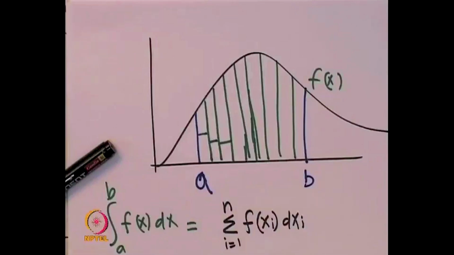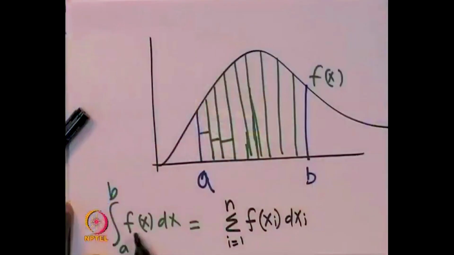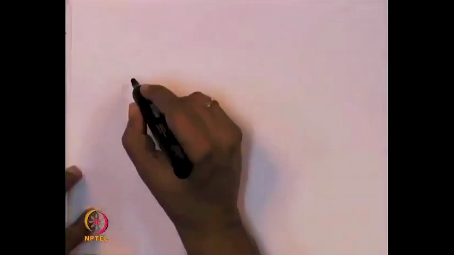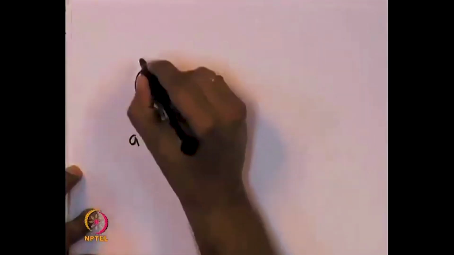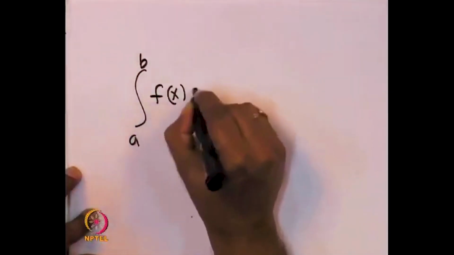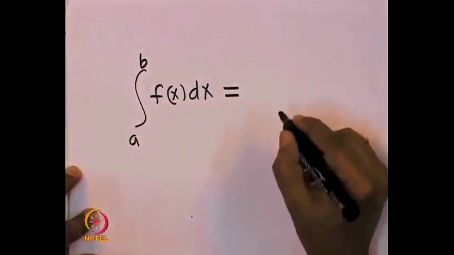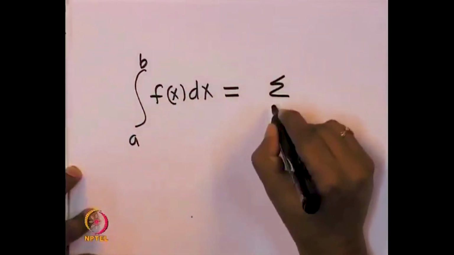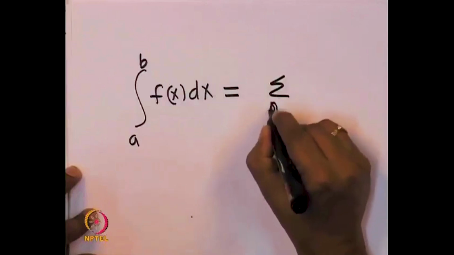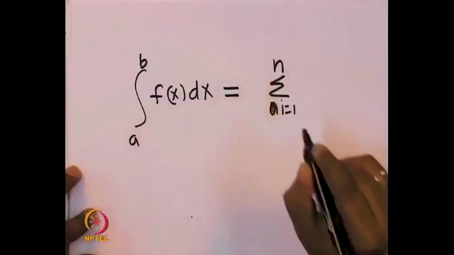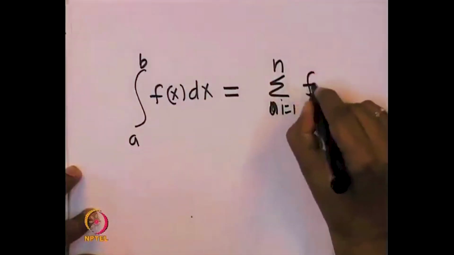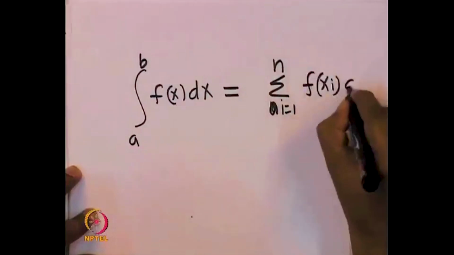So the correct statement to make is that as the number n goes to infinity, the sum will be equal to this integral. So what we wrote, the integral from a to b of f of x dx, will be equal to the sum over i equal to 1 to n of f of x i dx i.